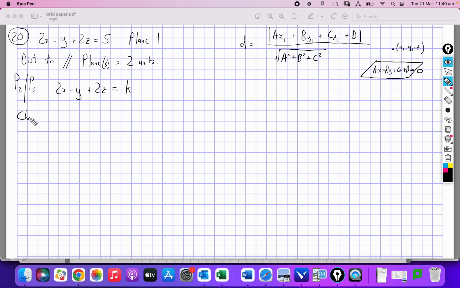All right, just write choose a point. So P, I guess. I've drawn a little diagram because we're using the same formula we were using in the previous questions. Point P on plane P1.